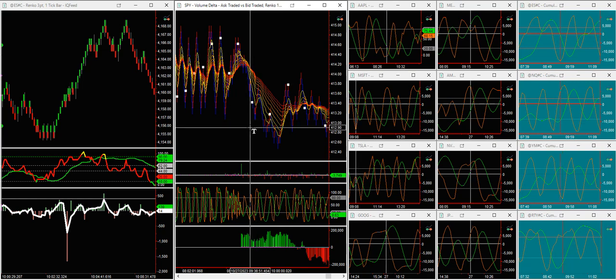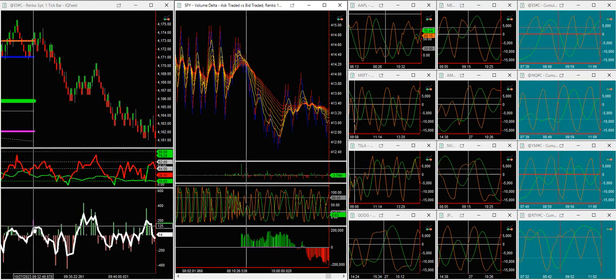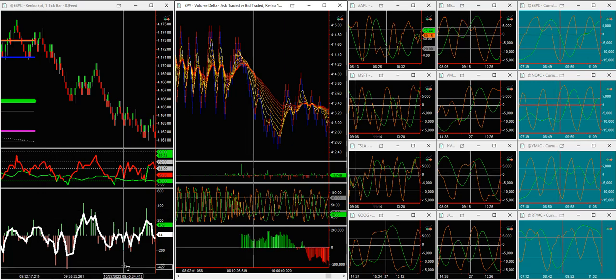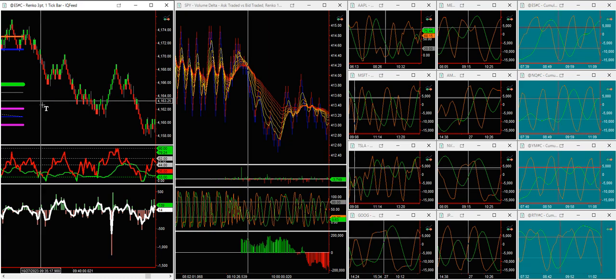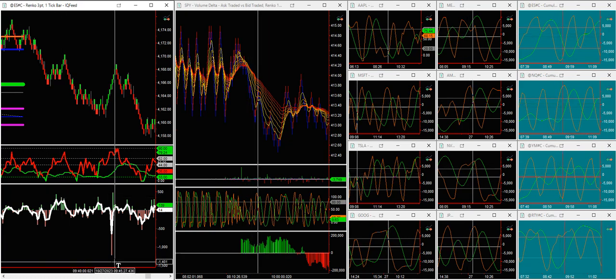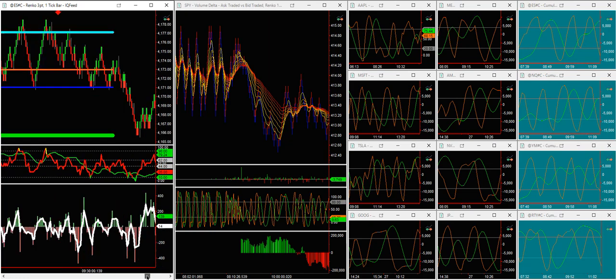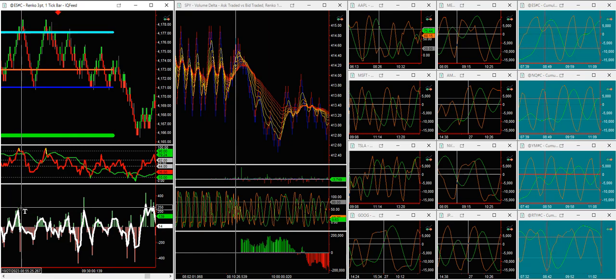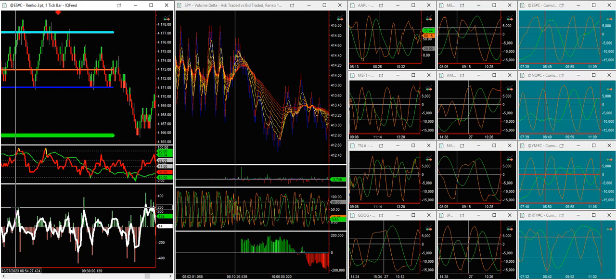So let's just finish the story. This is where you can see the moving average. Let's put a horizontal line here, right?